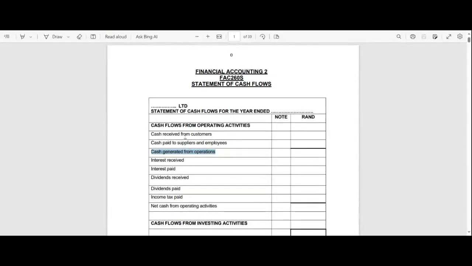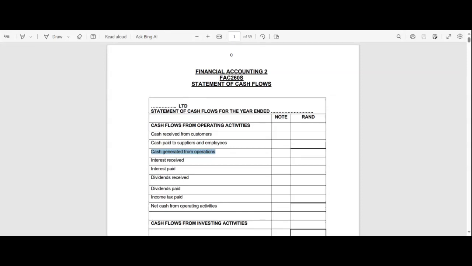And those are cash receipts from customers, and we'll come back to the term customers in a few minutes, cash received from customers, and cash paid to suppliers and employees. So you can see on the face of the statement of cash flows, it all has to do with the flow of cash. So another little hint, let me give you another hint here now, ladies and gentlemen.